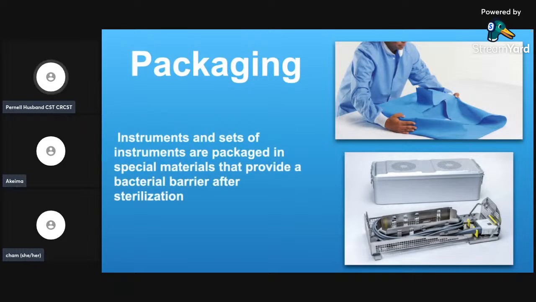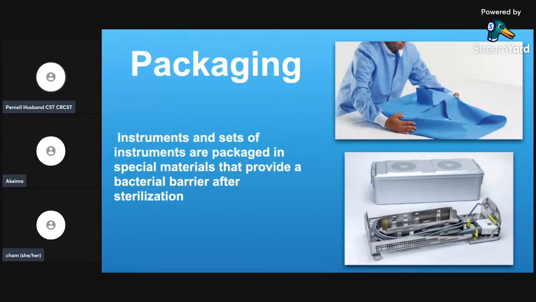Then there's packaging of these items prior to them being sterilized. Instruments and sets of instruments are packaged in special materials that provide a bacterial barrier after sterilization. So once we sterilize something, obviously we want to keep them sterile, right, until they're ready to be used. So there's special packaging protocols as well that we use to maintain the sterility of the surgical instruments.